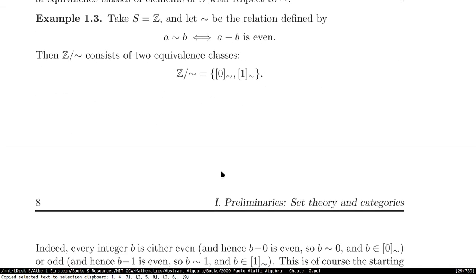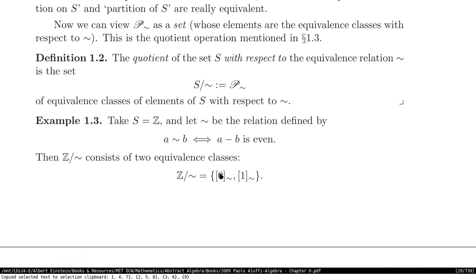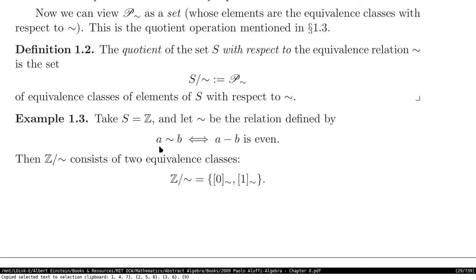Now we have this example using the integers. If you have the set of integers and the relation is that you identify A with B if and only if the difference between them is even, so A minus B is even, right? Z is the set of integers.